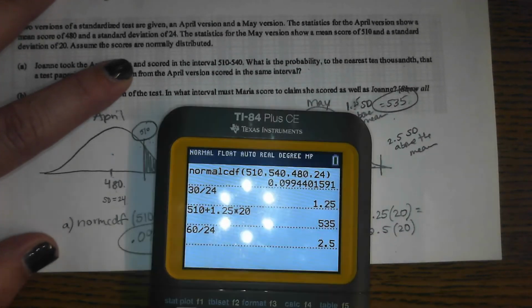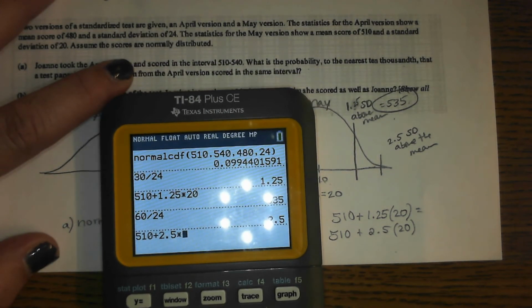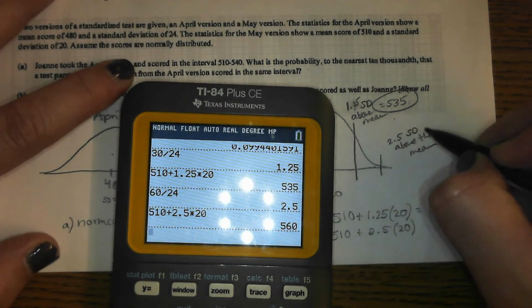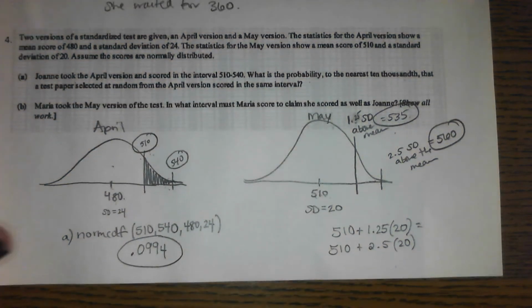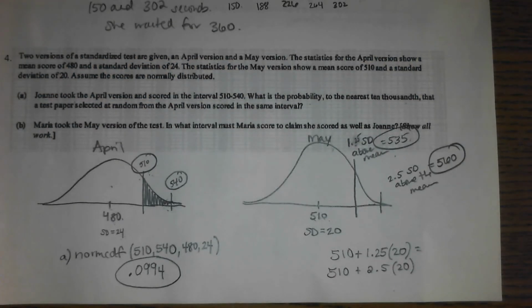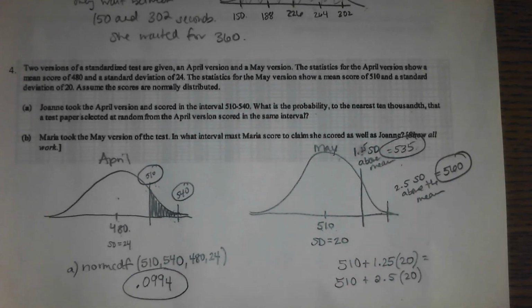When I type in 510 plus 2.5 times the standard deviation of 20, that's going to give me a score of 560. So the argument would be that the interval in April from 510 to 540 is comparable to the interval in May of 535 to 560.